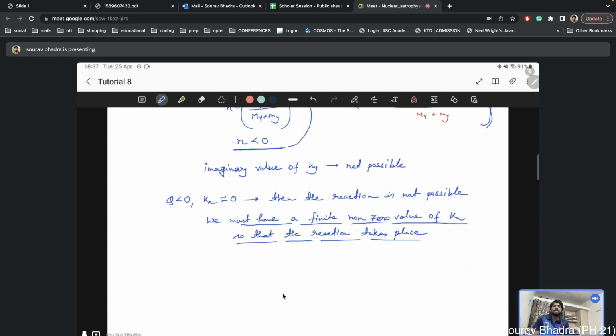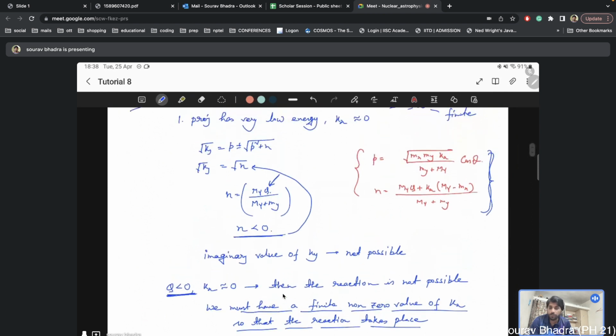From here, the situation of threshold energy comes into the picture. You have seen that with zero energy the reaction is not possible if it is an endoergic reaction, that means q less than 0. The reaction is only possible if kx has a finite amount of energy, which is called the threshold energy. So now you can understand how the threshold energy comes into the picture of the nuclear reaction if it is an endoergic reaction, q less than 0.